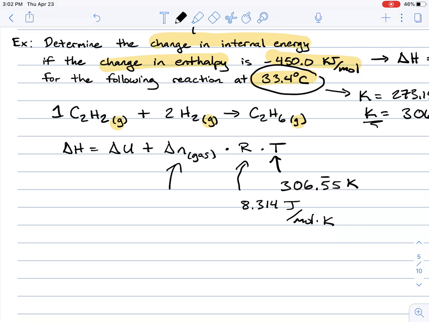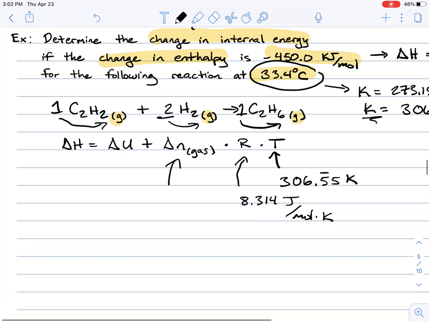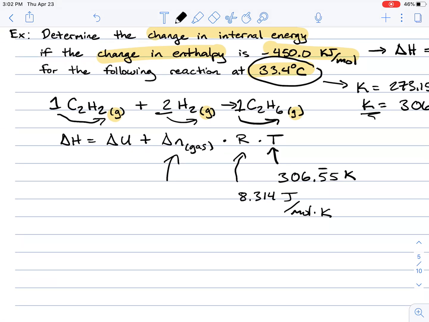For instance, here I have 1 mole of gas, 2 moles of gas, and 1 mole of gas. Since it's delta n that we're referring to, it's definitely final minus initial. In terms of a chemical reaction, it's translated as products minus reactants.